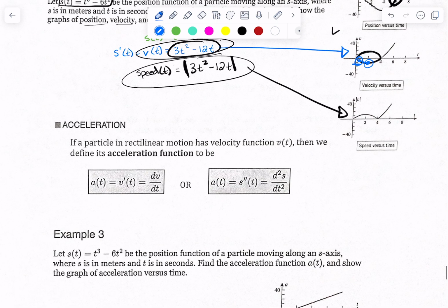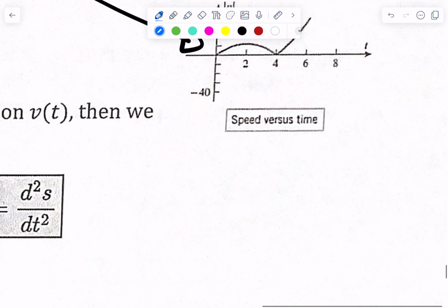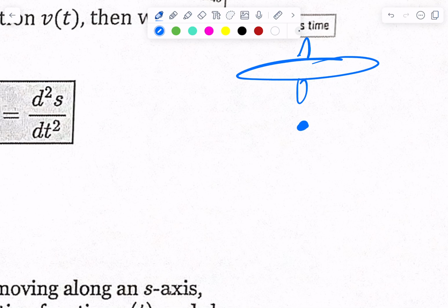So as you're going down, your velocity is decreasing, but your speed is increasing. Think of me dumping something off of a cliff or parachuting out of an airplane. Here's my airplane. Let's say here's where I'm at. I'm falling toward the earth.